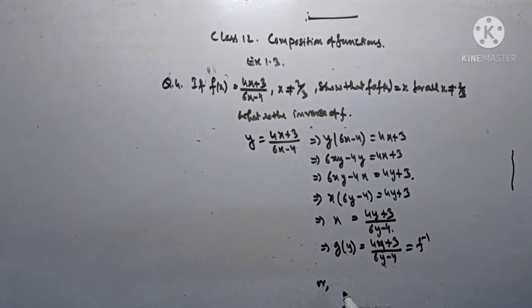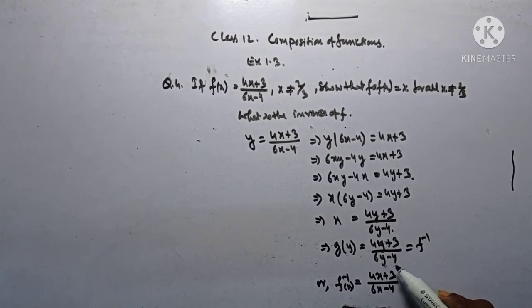We can also say that f inverse of x is equal to (4x plus 3) by (6x minus 4). We can also say f inverse of y, or we can also say f inverse x is equal to this. We can also say this.